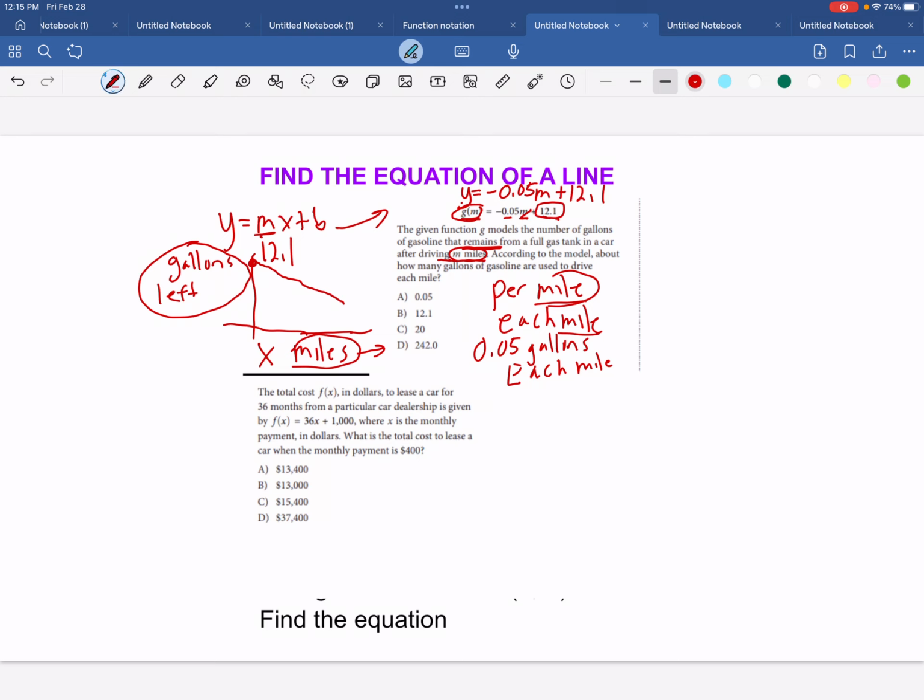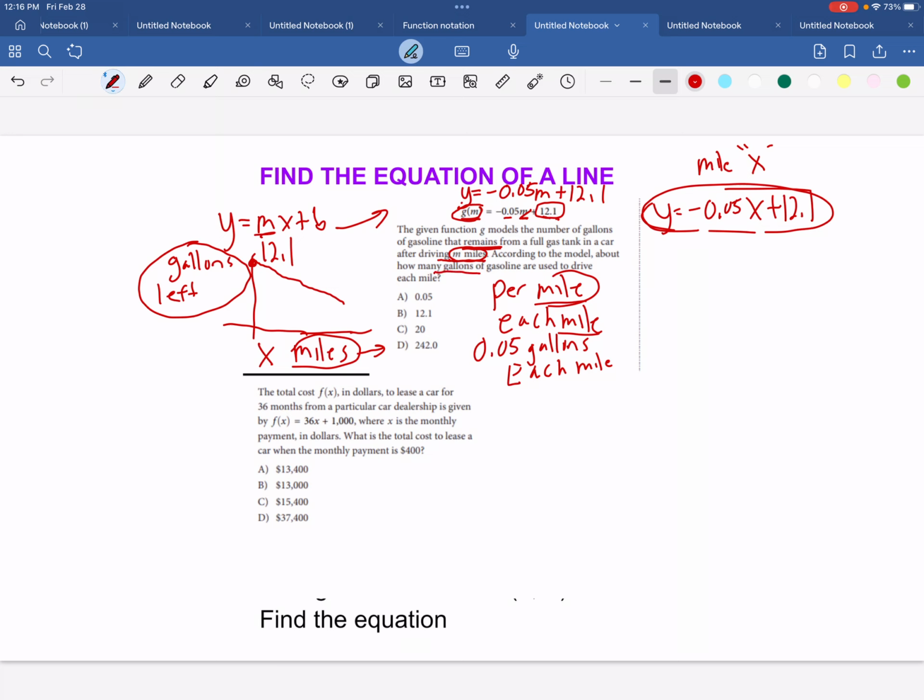So it's really y is equal to, the amount left is equal to, we take away 0.05 gallons per each mile, but I'm going to use x for miles, plus, we start with our y-intercept is 12.1. That's really the equation in what you're used to, the y equals mx plus b form.